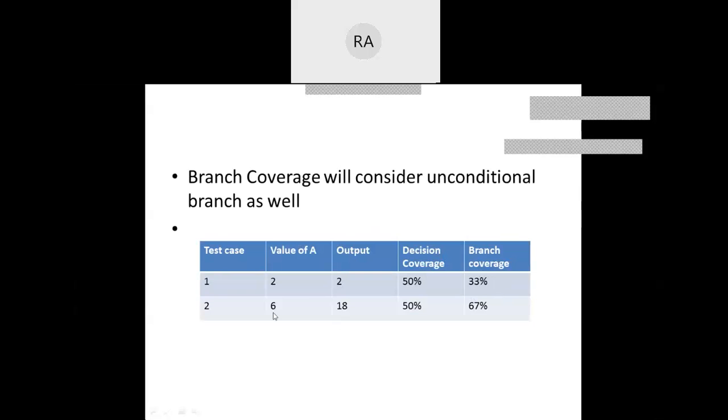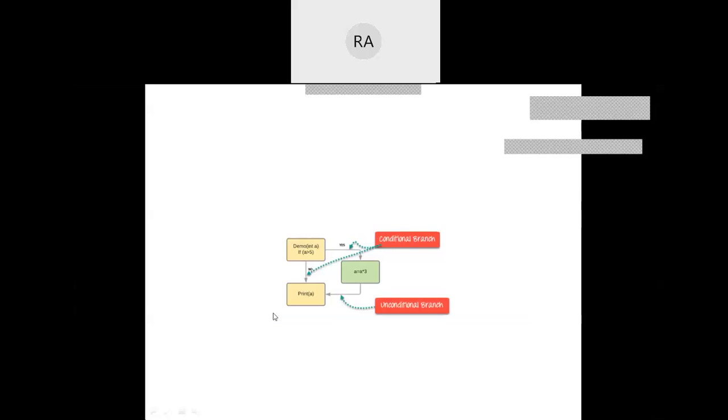Let me take the value as 6. If the value of A is 6, is 6 greater than 5? Yes, definitely. It will come over here, update the value of A, and after that print the value of A. So how many branches are executed?